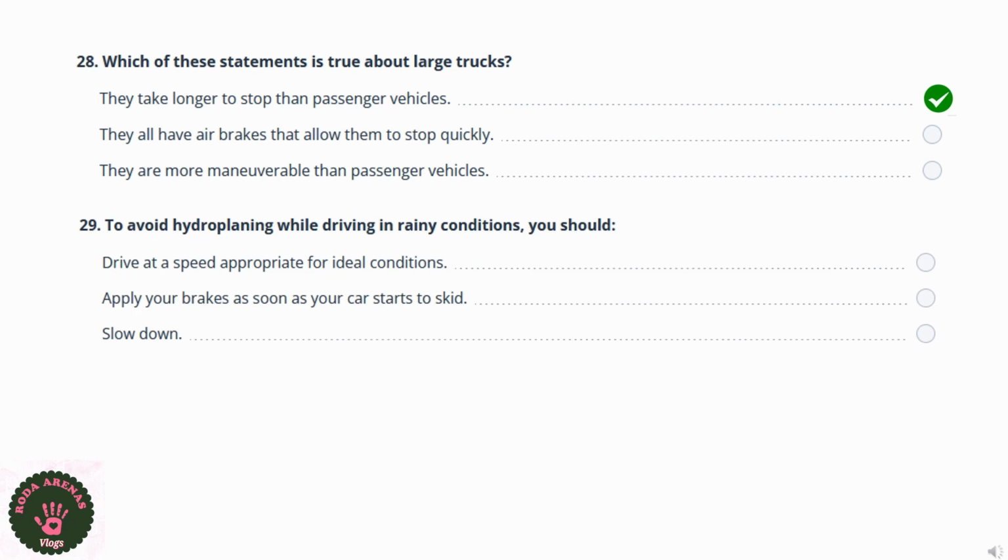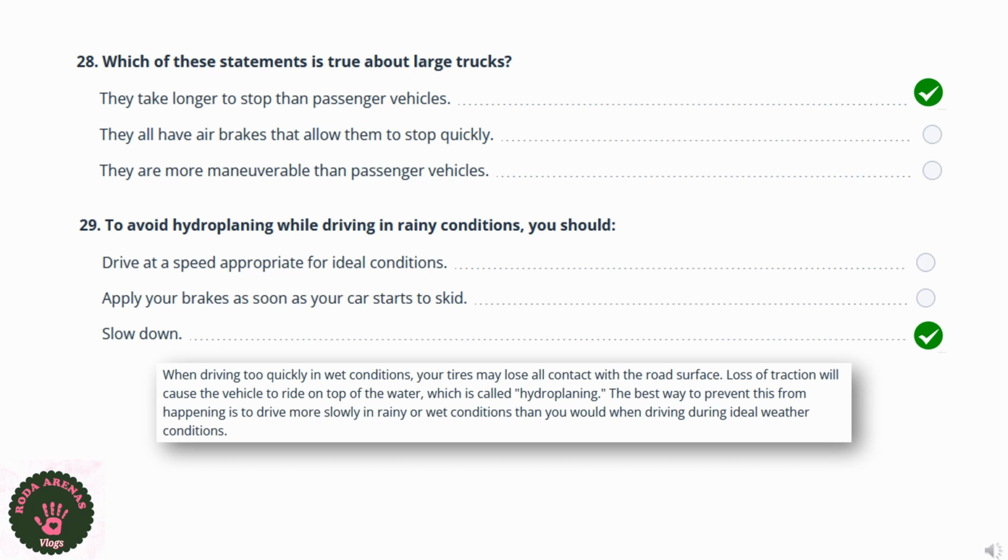To avoid hydroplaning while driving in rainy conditions, you should drive at a speed appropriate for ideal conditions. Apply your brakes as soon as your car starts to skid. Slow down. The correct answer is slow down.